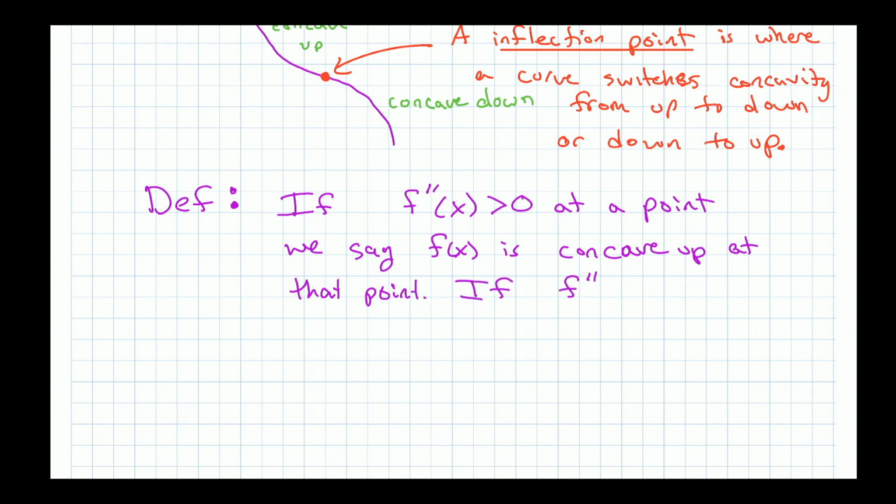If f double prime of x is less than 0 at a point, f of x is concave down at that point.